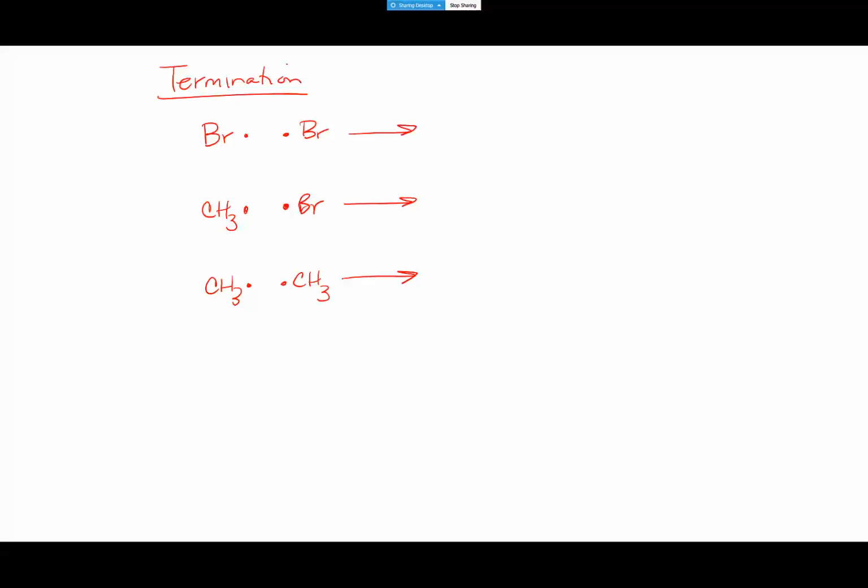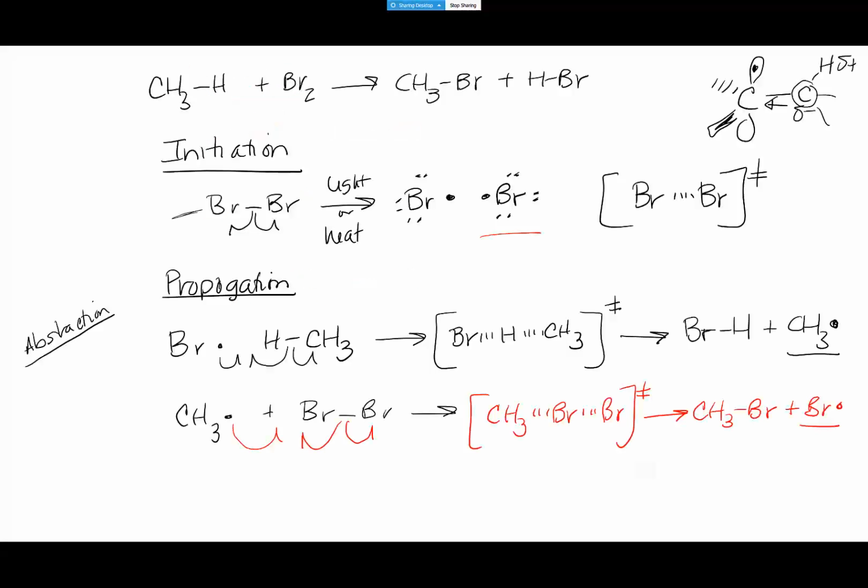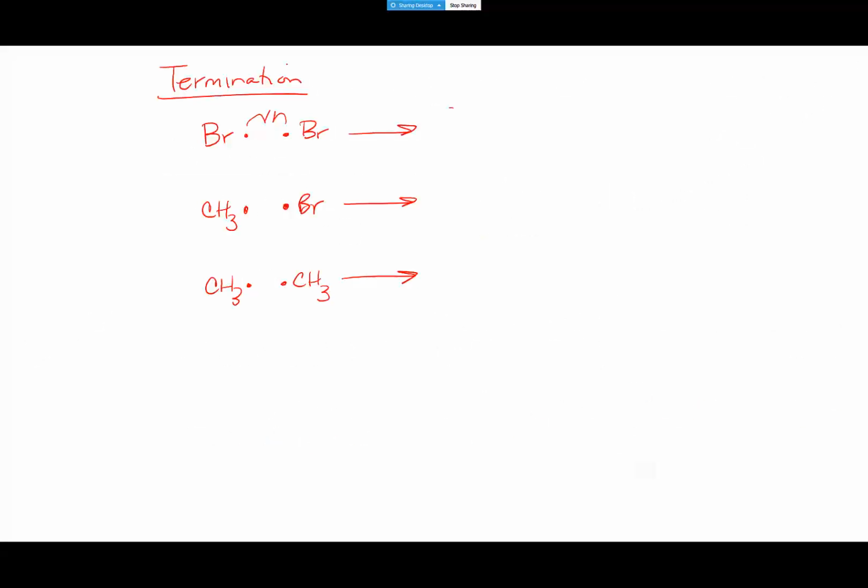So the arrows: my 2 bromines are going to donate their unpaired electrons towards each other. What is my transition state going to look like?